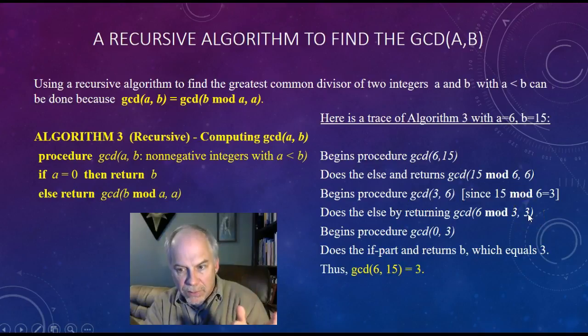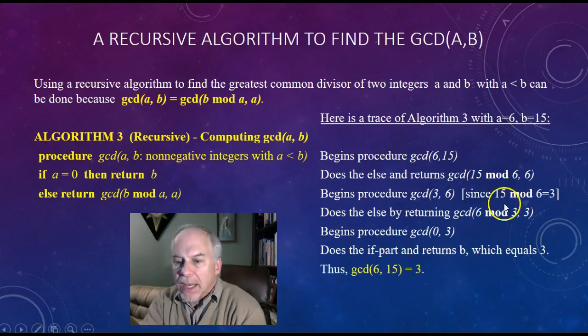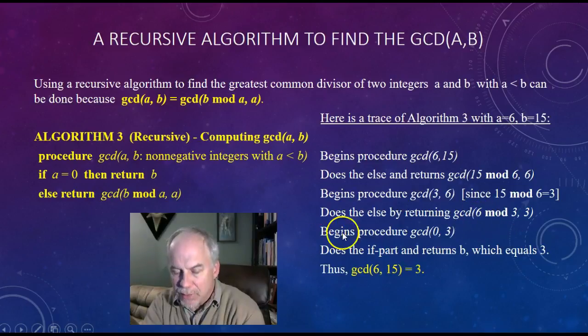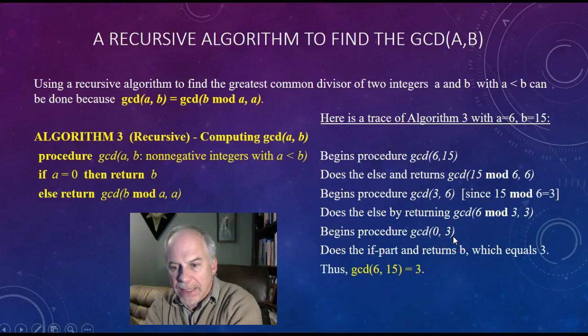And then it puts in the new B value, which is our new A value, which is now 3. And so that calls into action the procedure, but this time with the GCD of 0, comma 3, or the GCD of those two.